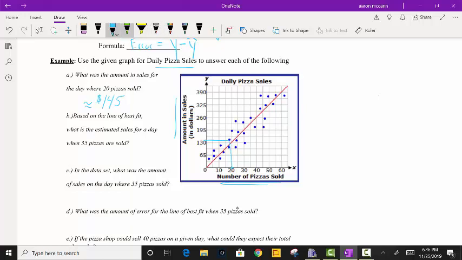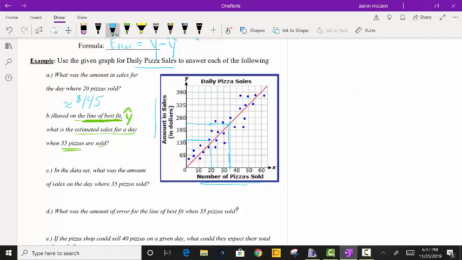And then on the next one it says, based on the line of best fit, what's the estimated sales for a day when 35 pizzas are sold? So the key here is it's asking us for not the y value, but the y hat. So if we come over here to 35 and we follow it up, we see that the store is predicted to make between 195 and 260, right?